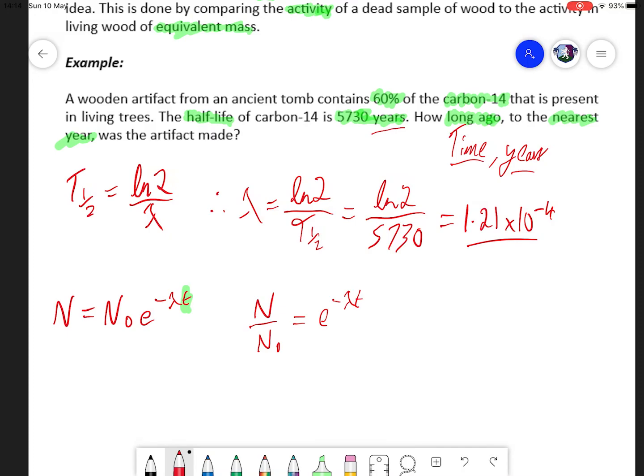Now rearranging as we did earlier, N over N naught is e to the minus lambda t, and we can apply the natural log to both sides of the equation, leaving us with ln of N over N naught equals minus lambda t. A quick rearrange, t equals minus ln N over N naught all over lambda.